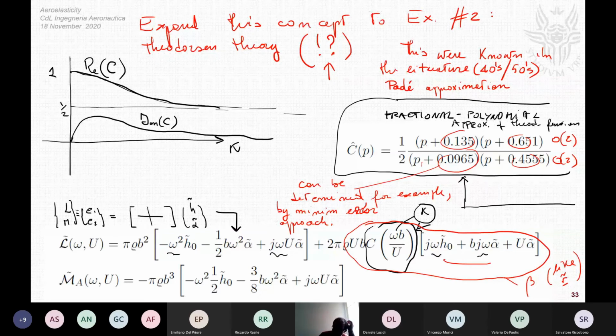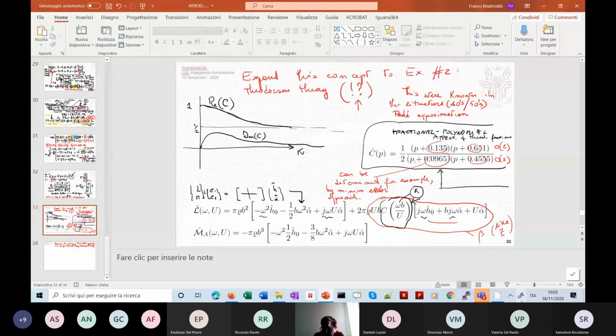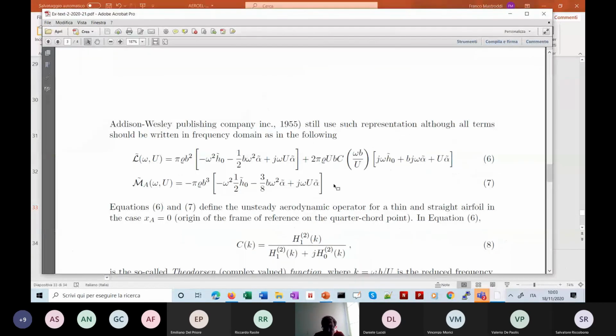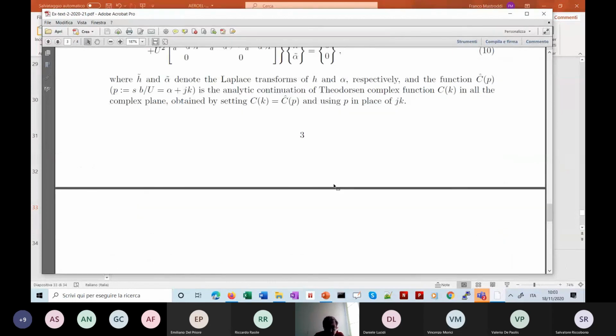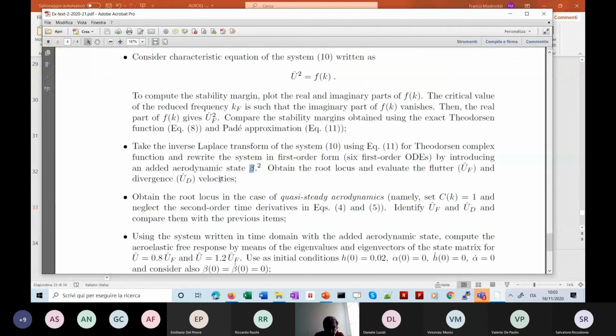Okay, in this way you should have a new equation in the new variable beta, and at the end you should have a system of the 6th order. Why 6?